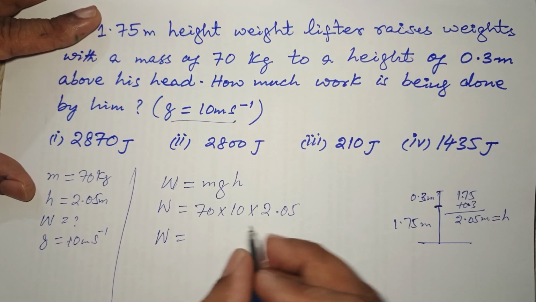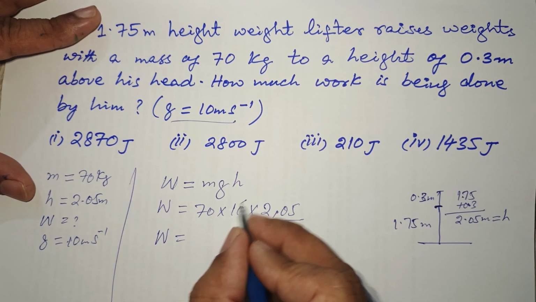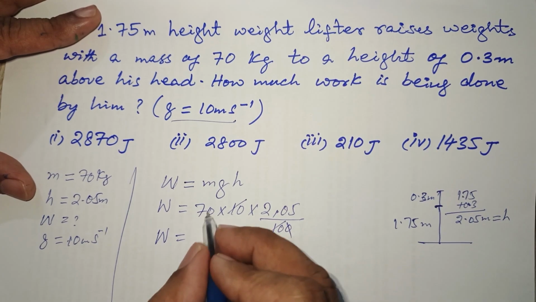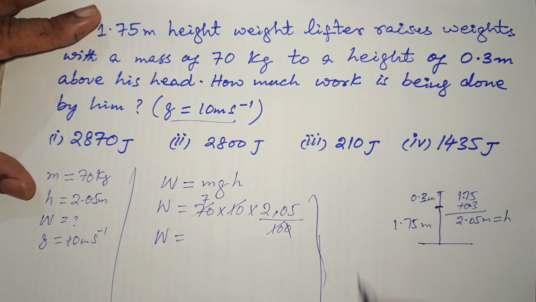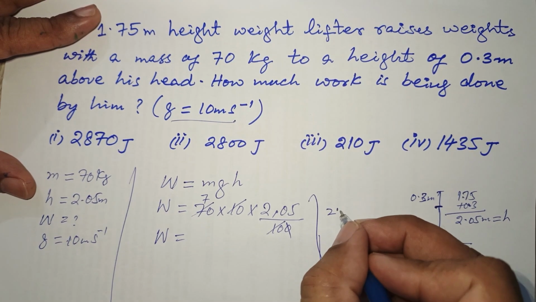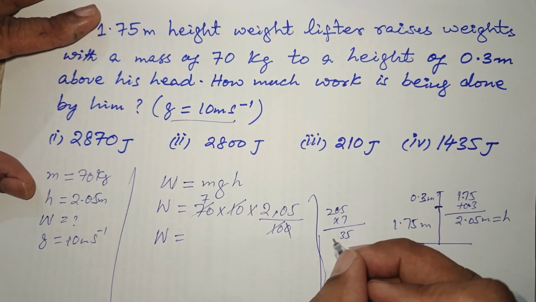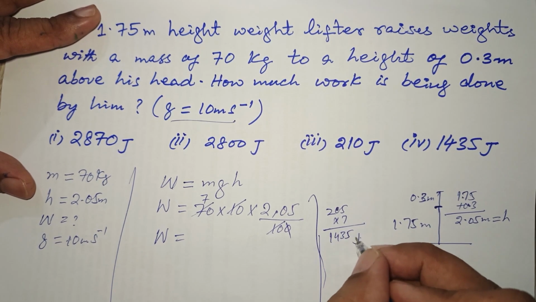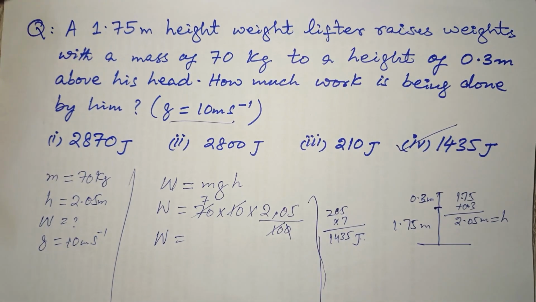So W is equals to, remove this decimal, we'll get 100. 0 cancels with 10. And this 10 with the 10. 10 7s are 70. So we have to multiply 205 with 7. 7 5s are 35 and 2 7s are 14. So 1435 joule is the correct answer. Move to the next one.